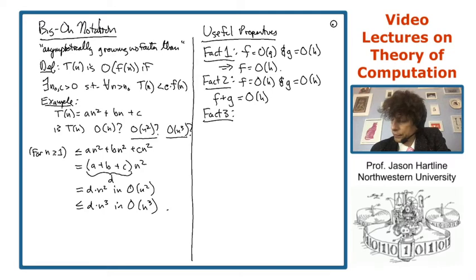Fact 3. This is sort of a special case of fact 2, in fact. So if g is order f, then g plus f is order f.